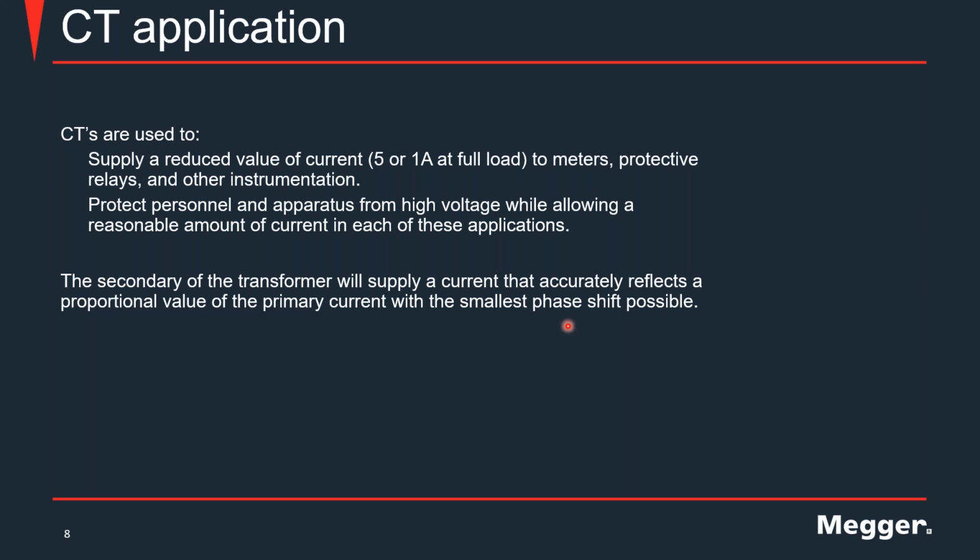One of the reasons why we use current transformers is to protect the personnel and apparatus from high voltage, while allowing a reasonable amount of current in each of these applications. Now, the secondary of the transformer will supply a current that accurately reflects a proportional value of the primary current with the smallest phase shift possible. We will see that a little bit further on.